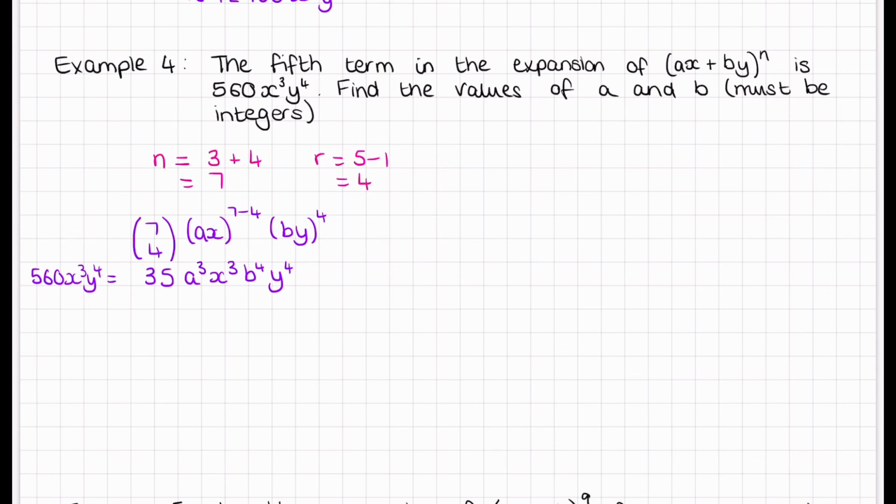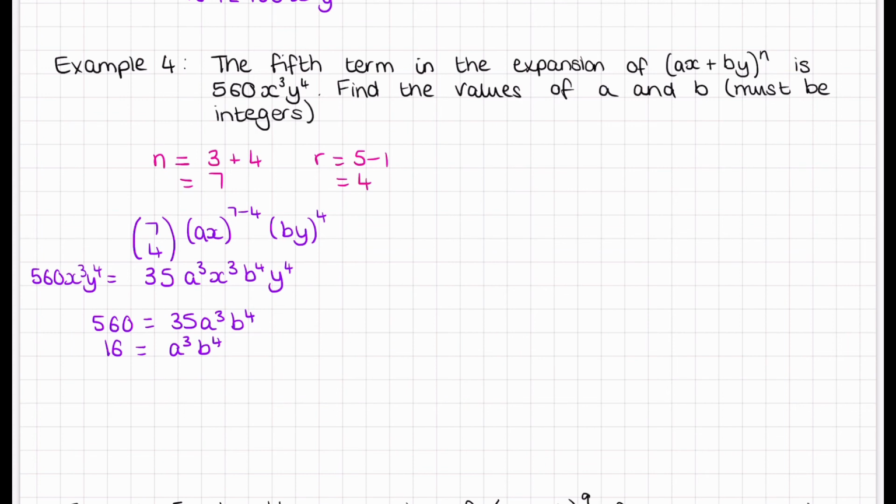Now we've got this expansion, we can start just concentrating on the numbers. So we know that 560 has to equal 35a cubed b to the power of 4. And so 16 has to equal a cubed b to the power of 4. Now this situation here just requires you to have a bit of logic.